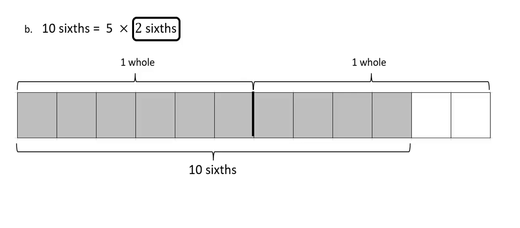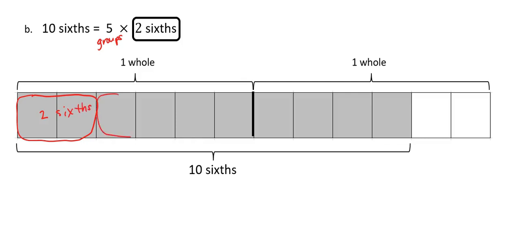Here's another example. This time we're going to prove that 10/6 is the same thing as 5 times 2/6, or 5 groups of 2/6. So you can see the 10/6 have been shaded in on the tape diagram, and I'm going to circle 2 of my 6ths. So that's 1 group of 2/6.